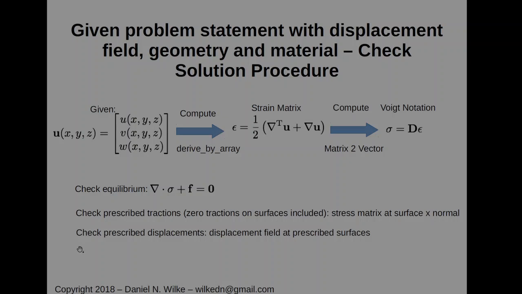And so the beauty is, just from this we can reverse engineer and say, boom, strain, stress, check equilibrium, check the tractions, prescribed displacement. And so really what is important about this whole point here is if we just approximate the displacement field to a problem, we've approximated the whole problem. Okay. So if we get a displacement field that satisfies the problem, we've done all of this other stuff.